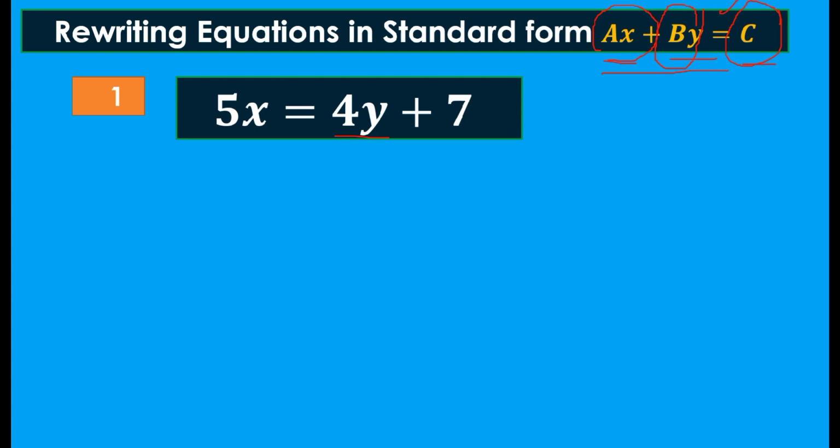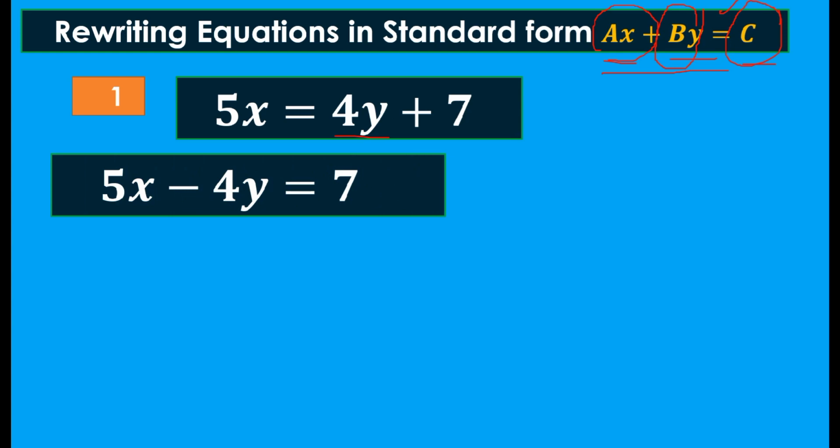So what would happen now? Okay, so your 4y, you transfer it to the left side, so it would become minus. So 5x minus 4y, and then you leave your 7 here on the right. Why? Because your c is always placed after the equal sign, and your ax and your by are placed before the equal sign.